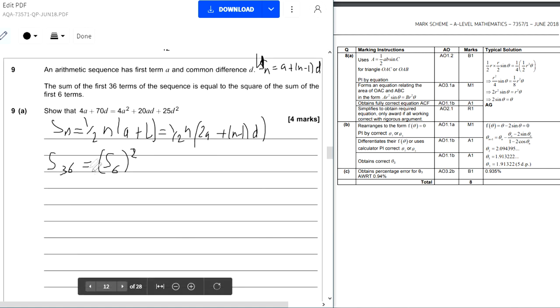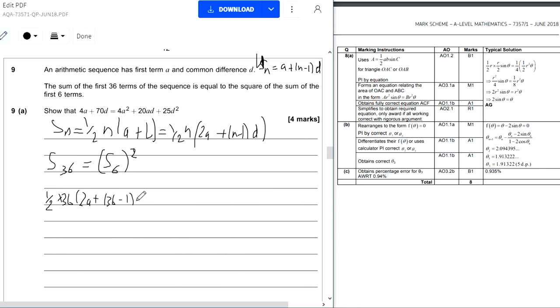So S of 36 is going to be a half times 36 times (2a plus (36 minus 1)d). S of 6, squared, is going to be (a half times 6 times (2a plus (6 minus 1)d)) squared.